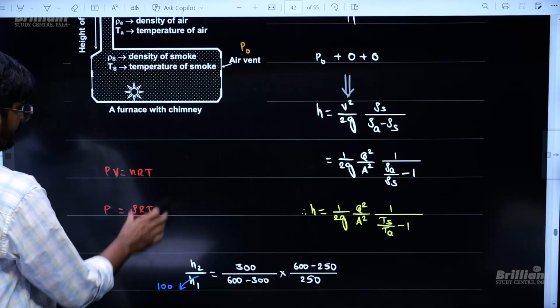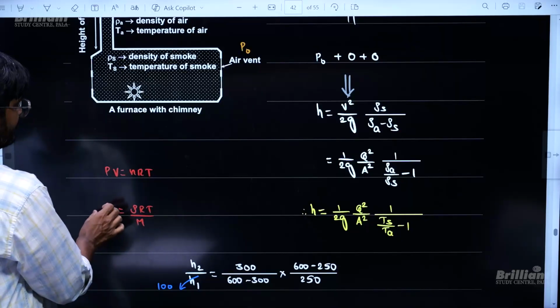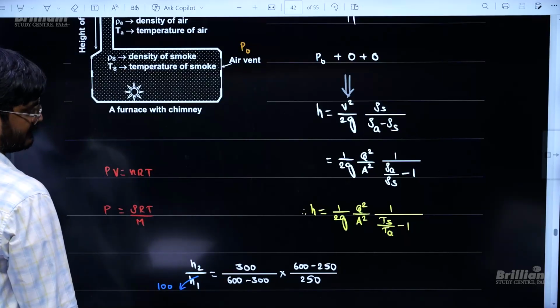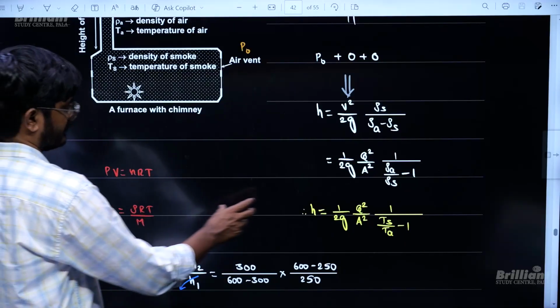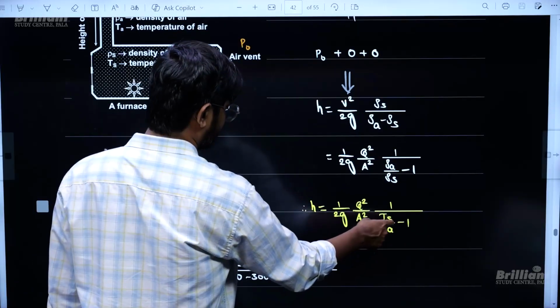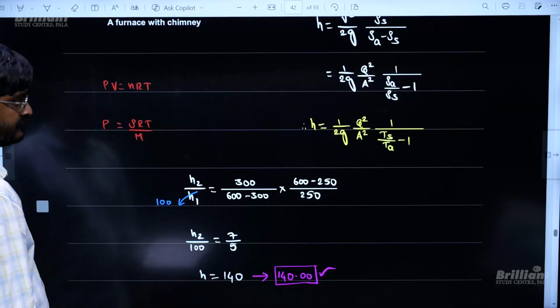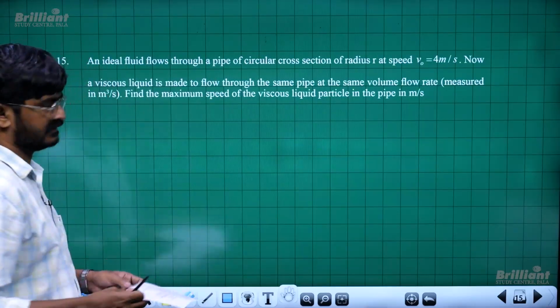So if you use PV equals nRT, you will understand rho is inversely proportional to T. Once you get rho is inversely proportional to T, then you can substitute the values and you can get the answer, right? Going to the next question.